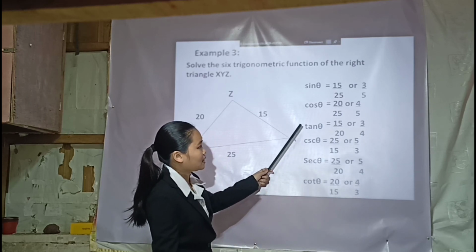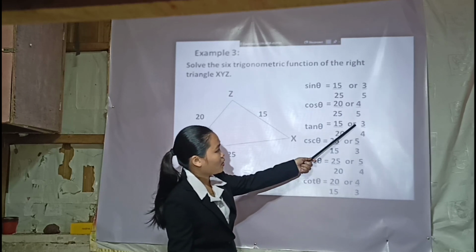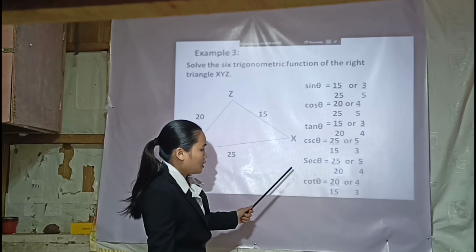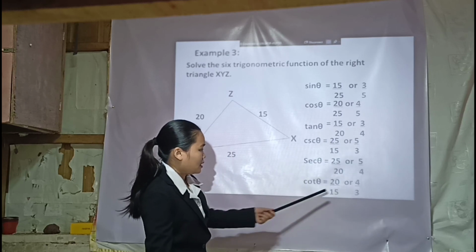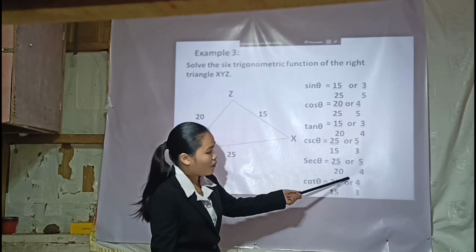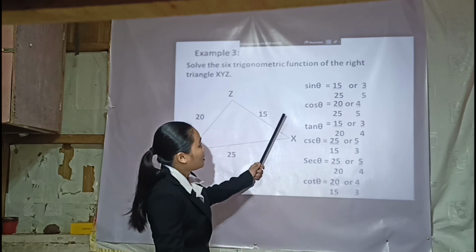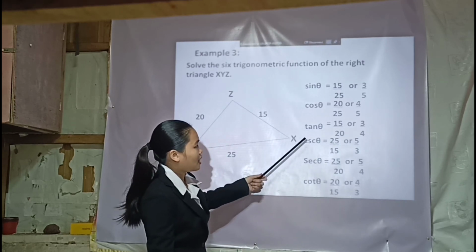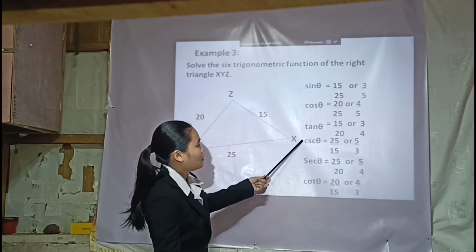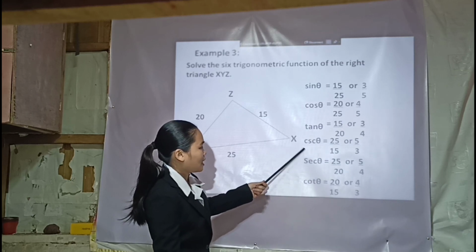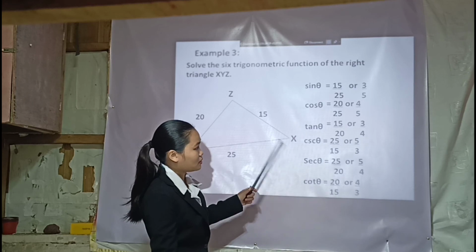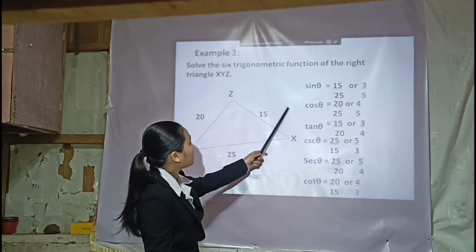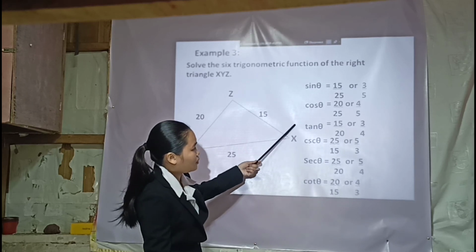And the tangent theta, which is 3 over 4, in cotangent theta becomes 4 over 3. So, if you find the value of sine, cosine, and tangent theta, it is easy to find the cosecant, secant, and cotangent of a right triangle by taking the reciprocal of its value.